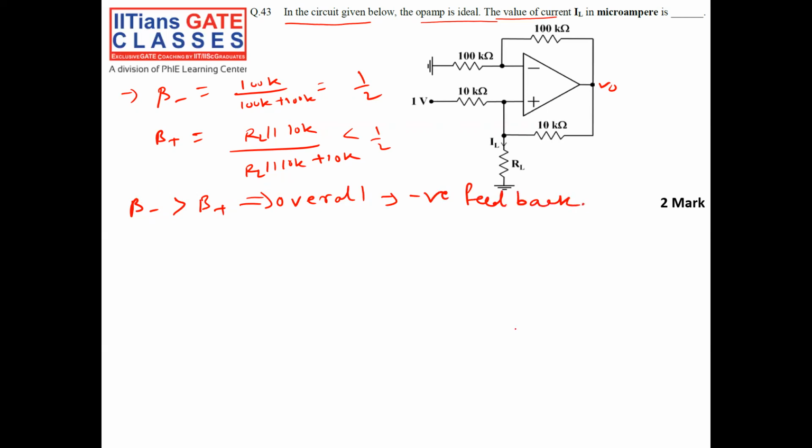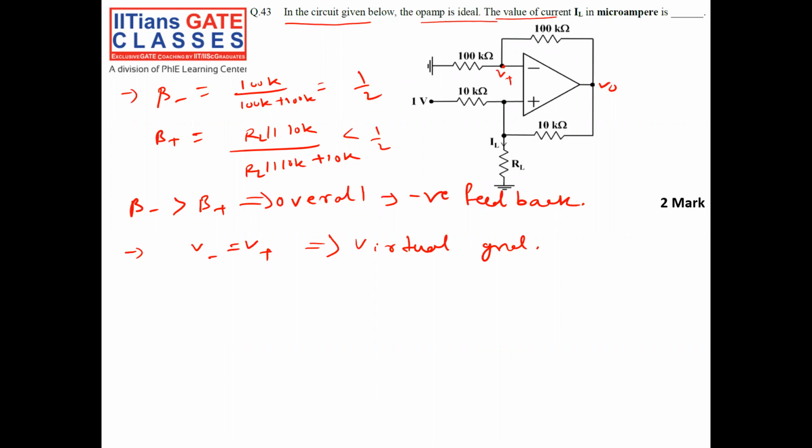Since it is negative feedback, I can say V negative is equal to V positive. This is called the virtual ground principle. Now let us put a nodal equation here, at V negative.